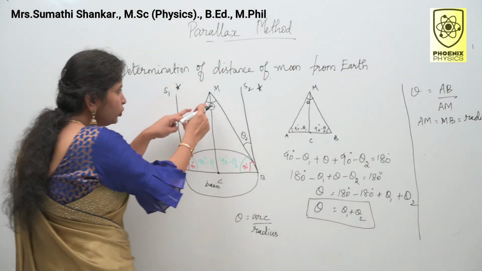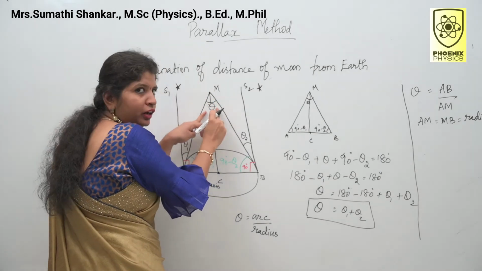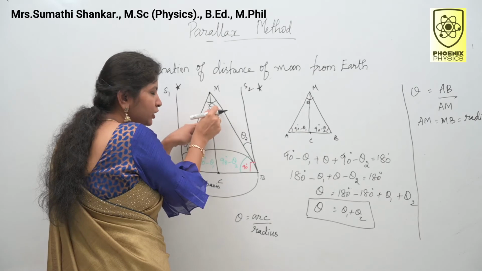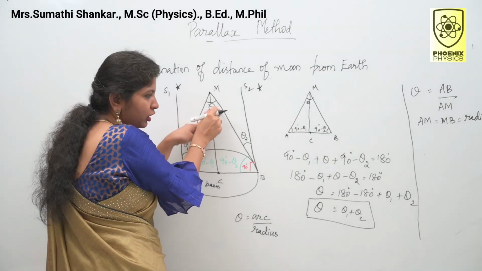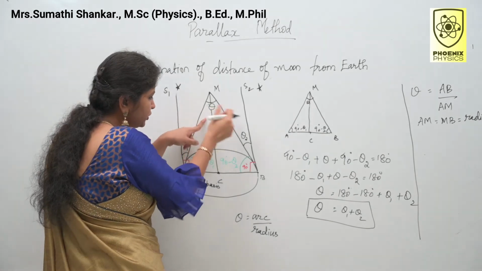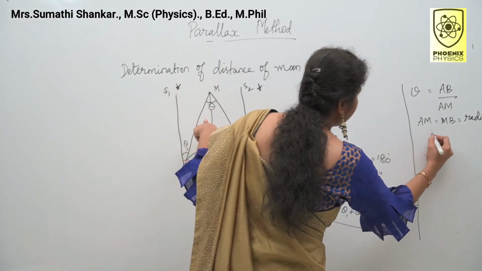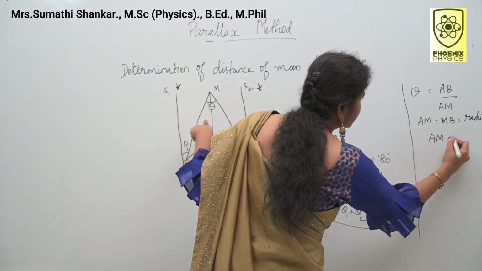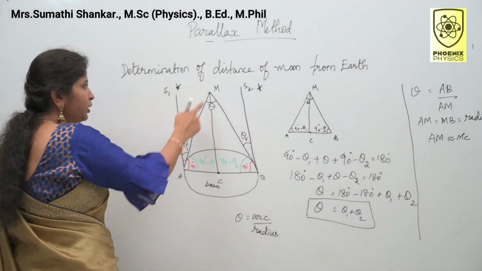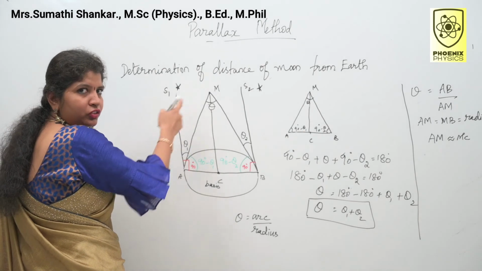Here you know this angle is nothing but our parallax angle, right? This angle is very small. This angle is very small means this AM is approximately equal to MC. What is AM? AM is nothing but the radius of the circle.